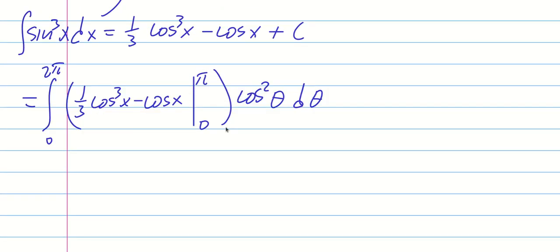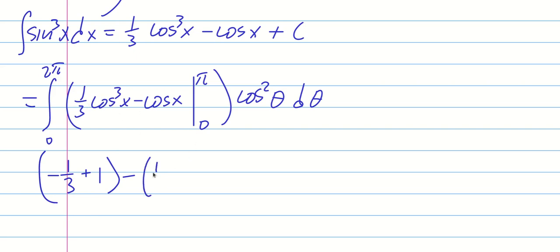So let's see what will happen if we plug in pi. Cosine of pi is negative 1, so cosine cubed gives negative 1/3, and this cosine of pi is negative 1, and the minus gives us plus 1. Then we put a minus and we plug in 0.